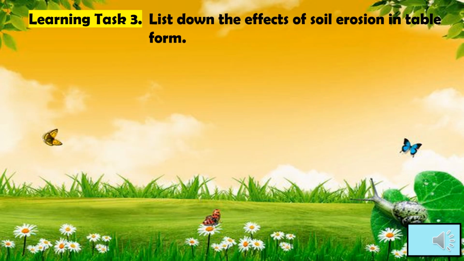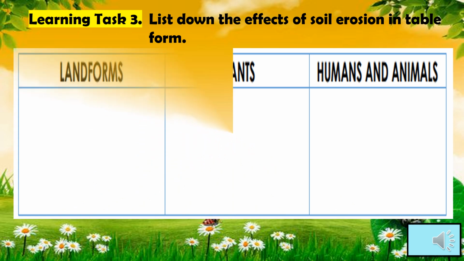And for learning task 3, list down the effects of soil erosion in table form. So we have landforms, plants, humans, and animals.